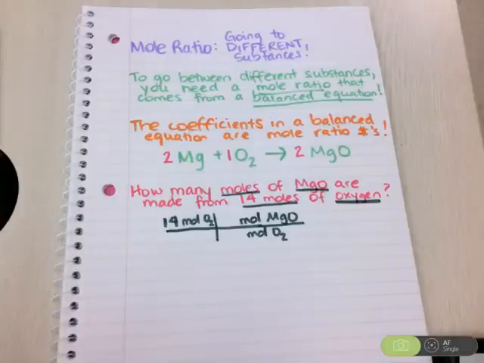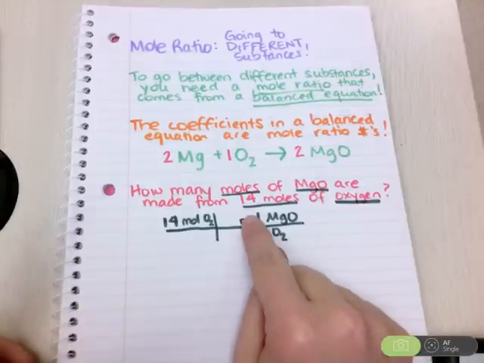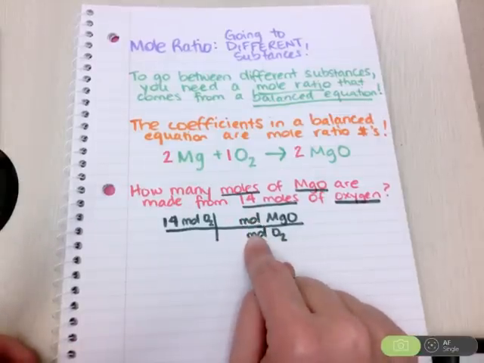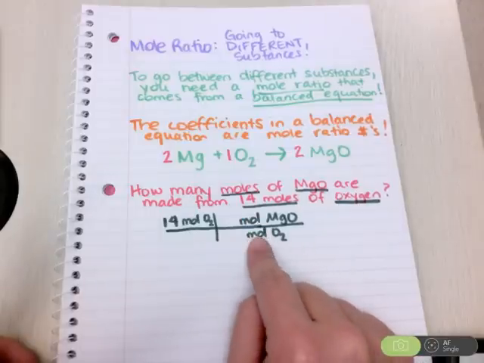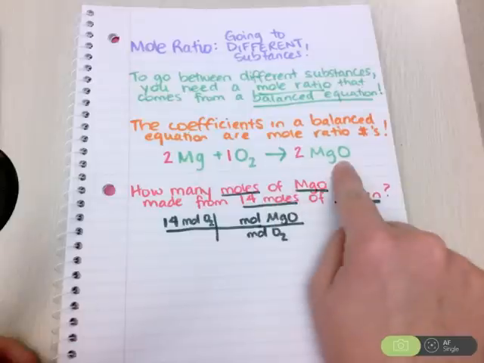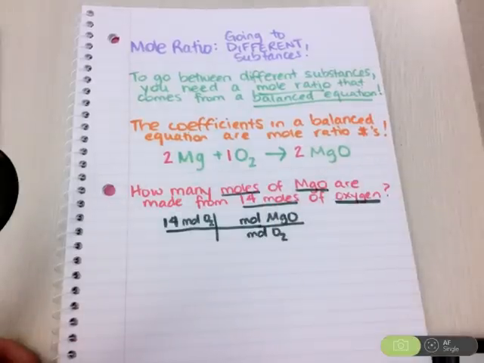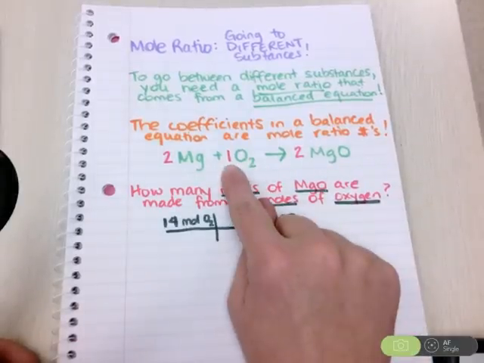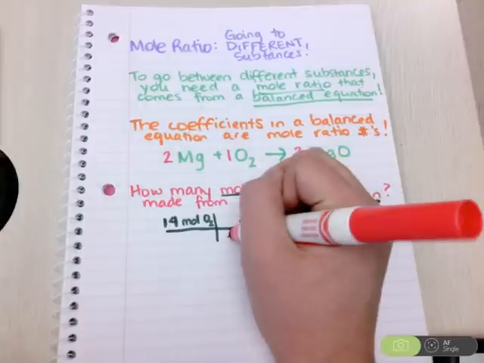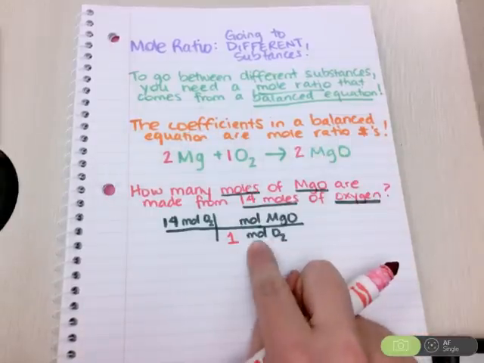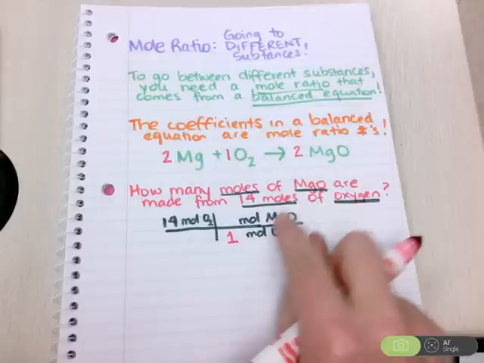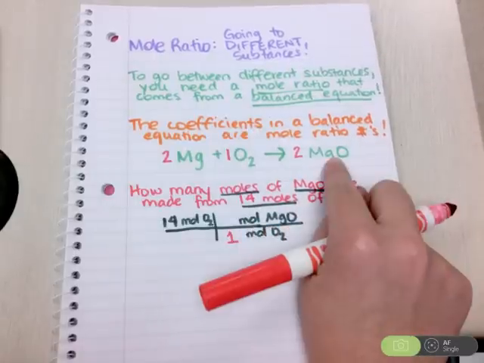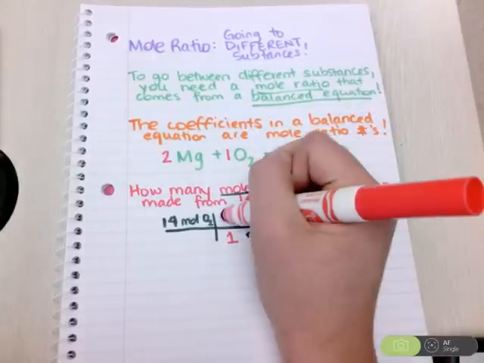The numbers that go in a mole ratio, see, it's a fraction that has moles on top of moles. Anytime we have moles on top of moles, those numbers come from the coefficients in the balanced equation. What number is in front of oxygen? It's a 1. So the number that goes in front of moles of oxygen is a 1, right? In front of moles of magnesium oxide, there is a 2.